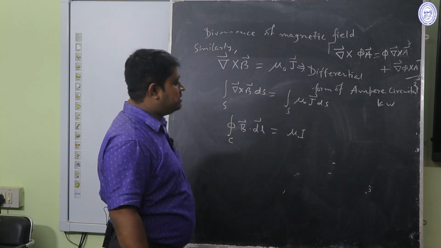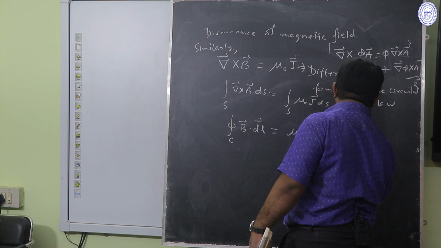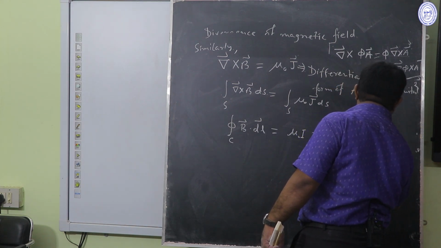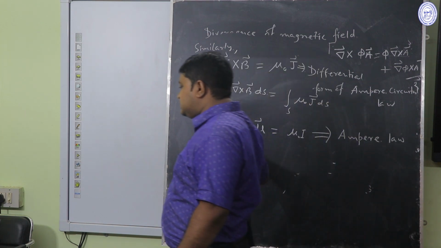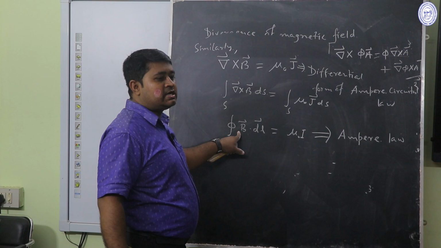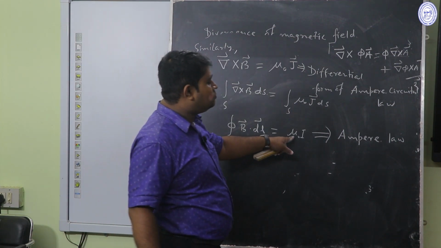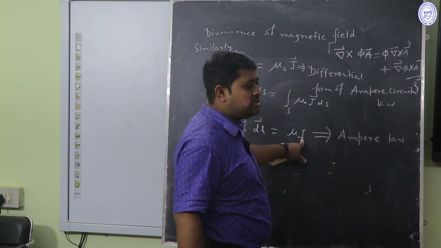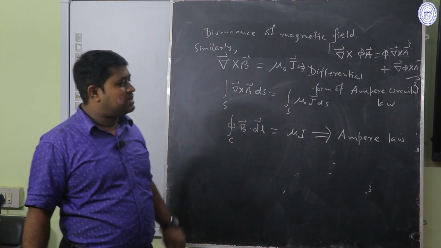This is known as Ampere law, or Ampere circuital law. That is, the line integration of magnetic induction vector around any closed path is equal to mu 0 times the total current enclosed by the path.